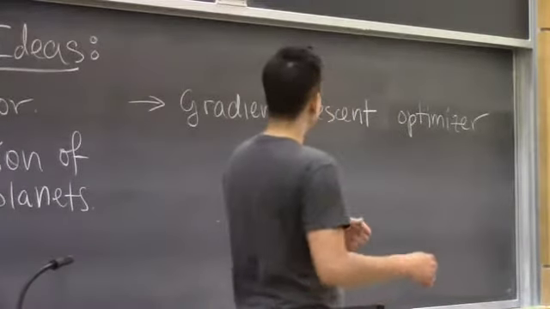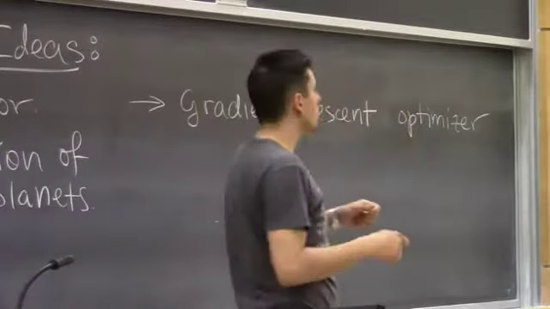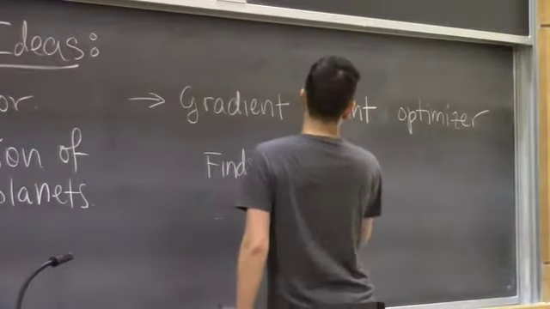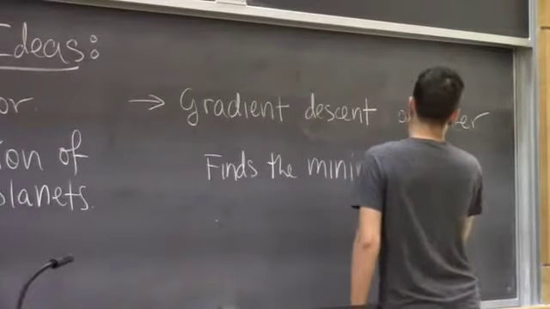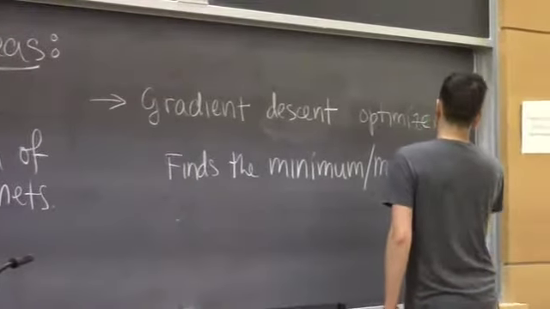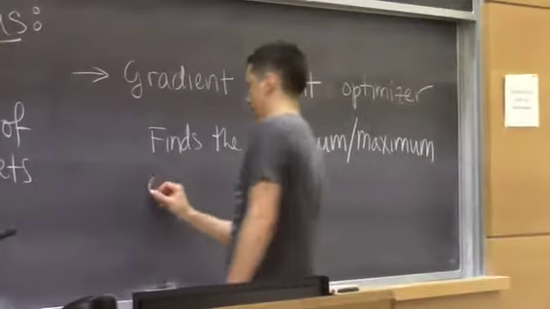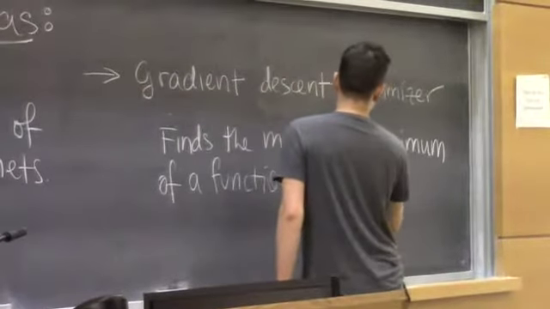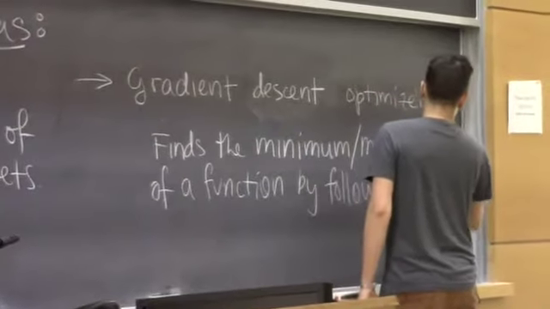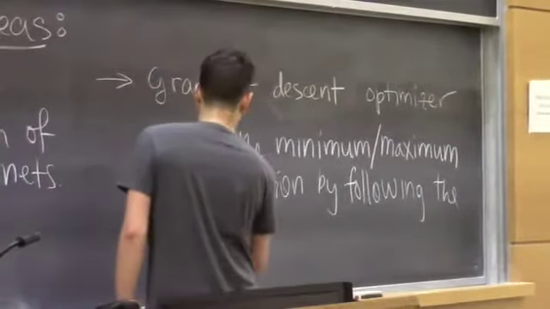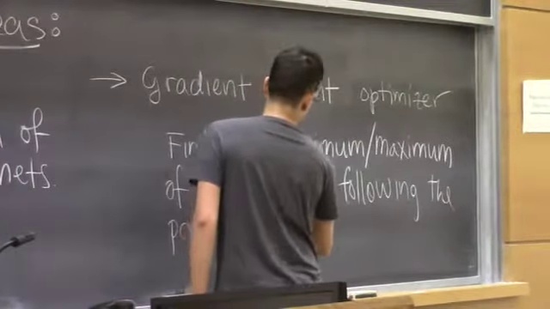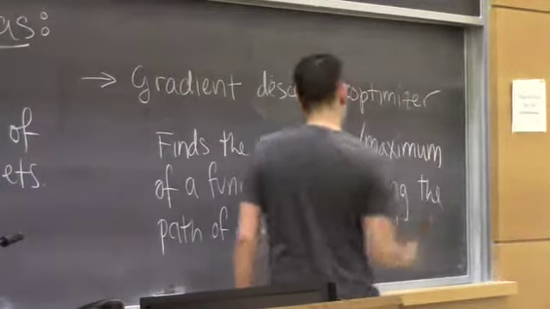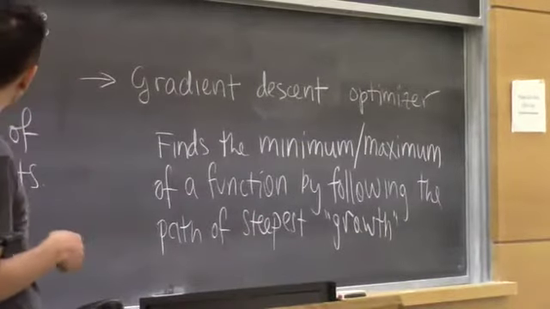You've got some function, and they give you the min and max of those functions by following the gradient of the function, by following the path of steepest growth.